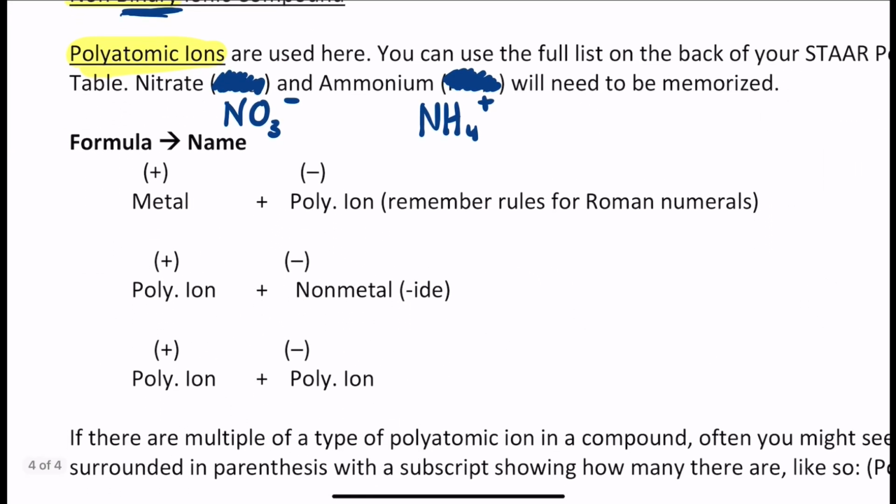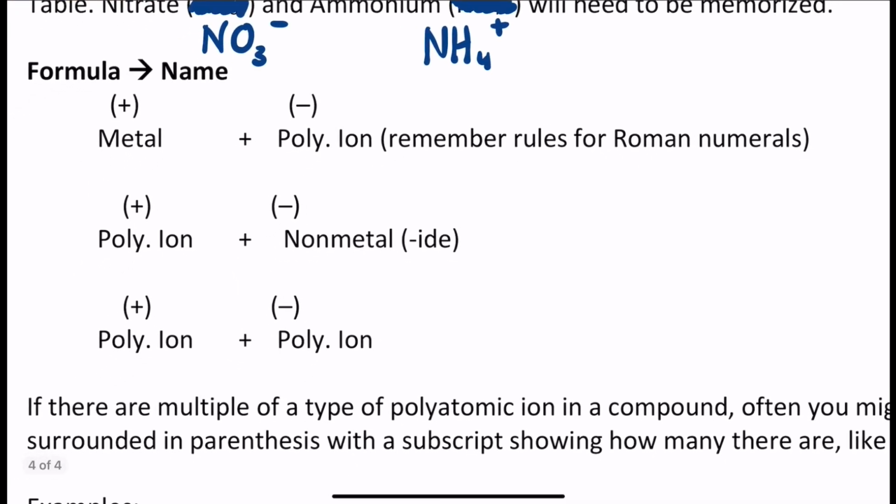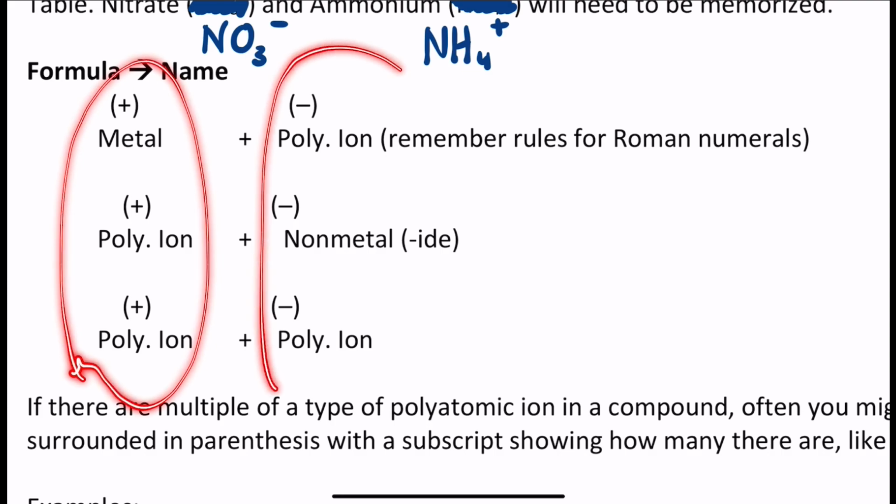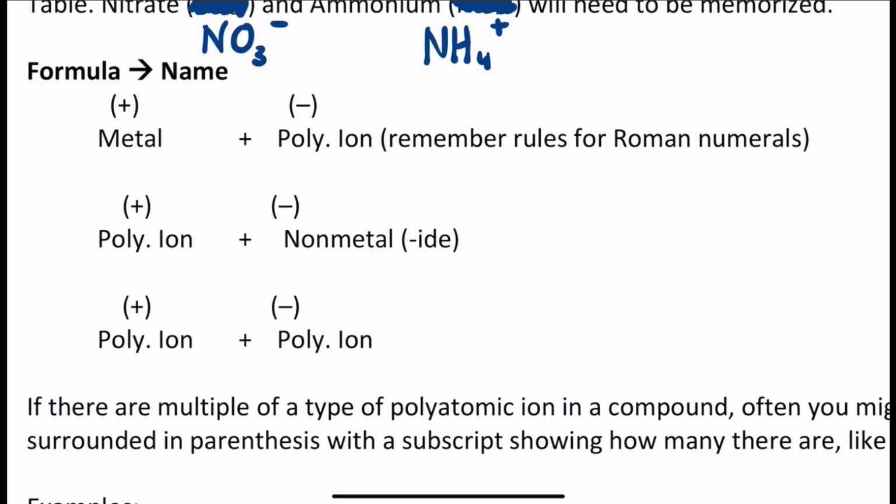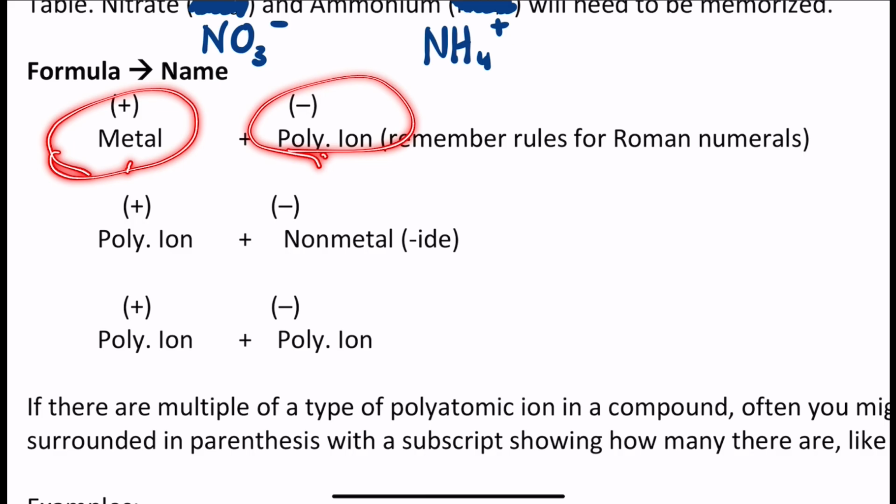So how do you look at this ionic compound formula and come up with a name? Well, you always want to split it up into 2 parts first. There's only ever 2 parts to a name: the first part, the cation, and the second part, the anion. There are 3 different situations you might have here. You might have a metal and then a polyatomic ion.